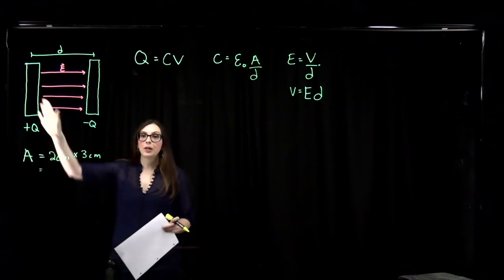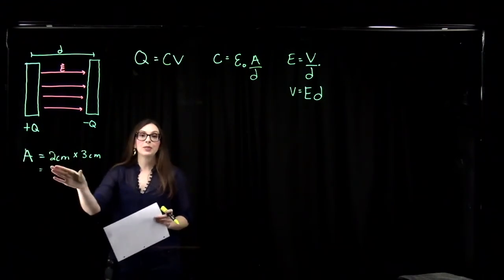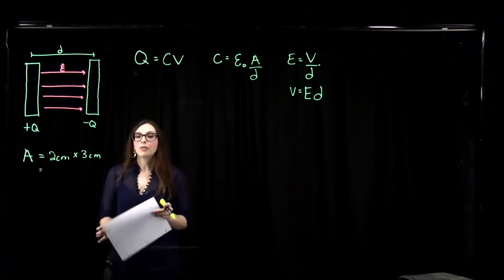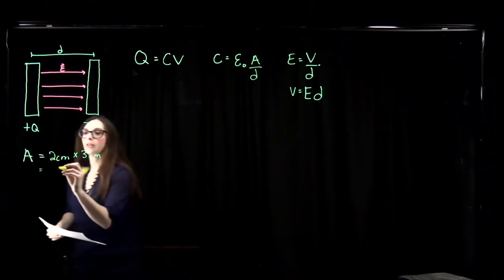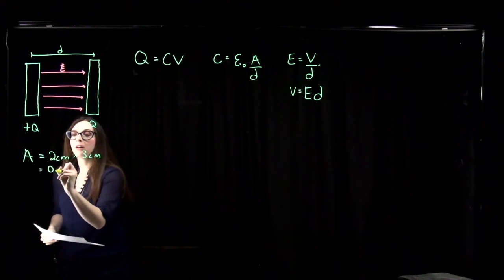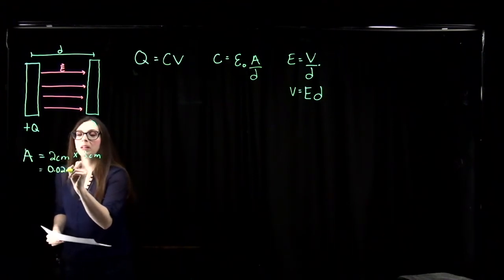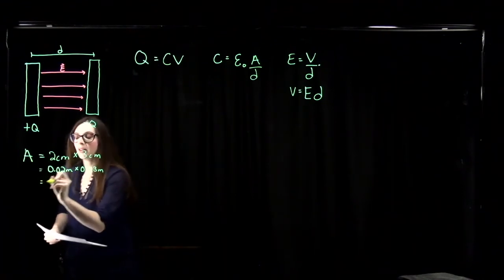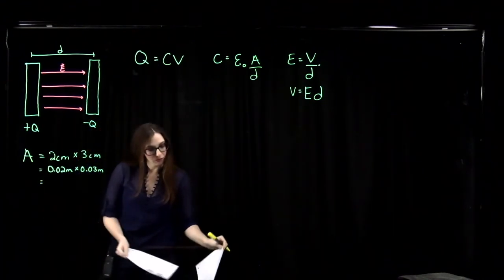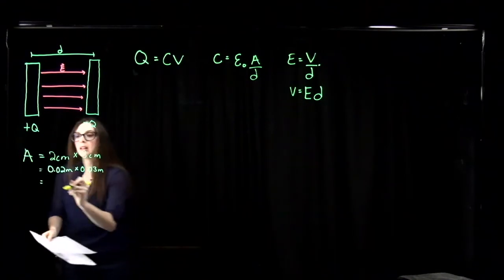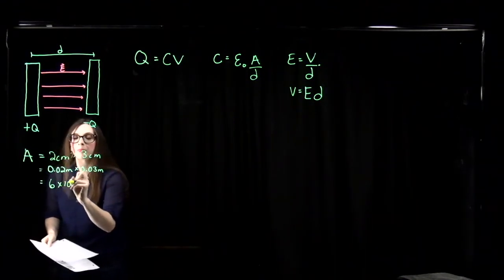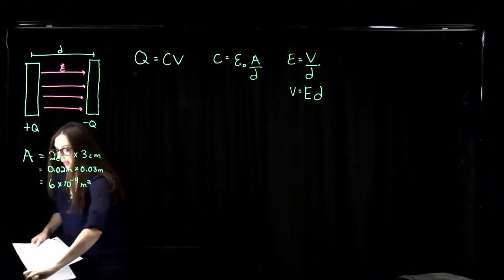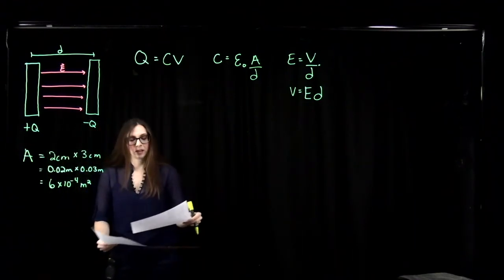This capacitor has plates of area 2 centimeters by 3 centimeters. That's the length times the width of this plate. And let's see, if we convert that over to meters, that's 0.02 meters times 0.03 meters. That gives us an area of 6 times 10 to the minus 4 meters squared. Okay. And let's see, what else do we know about this capacitor?